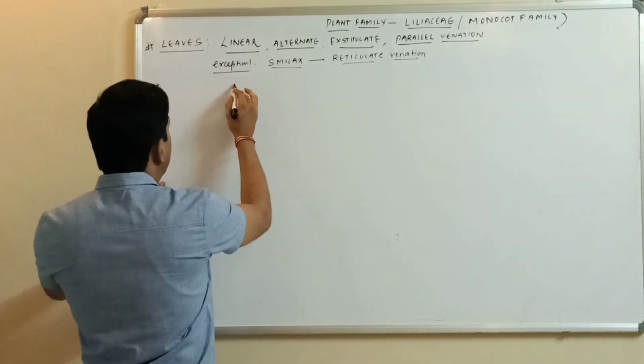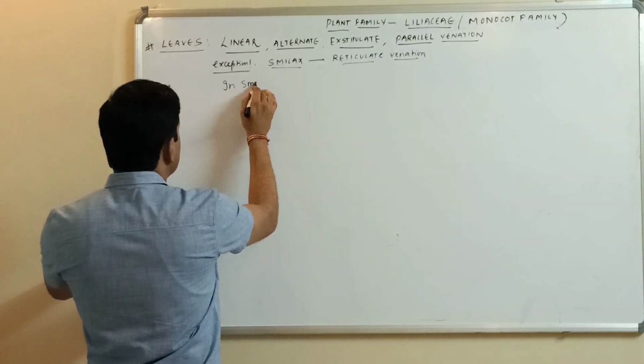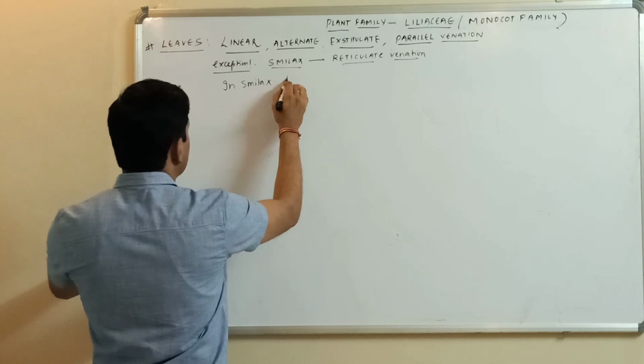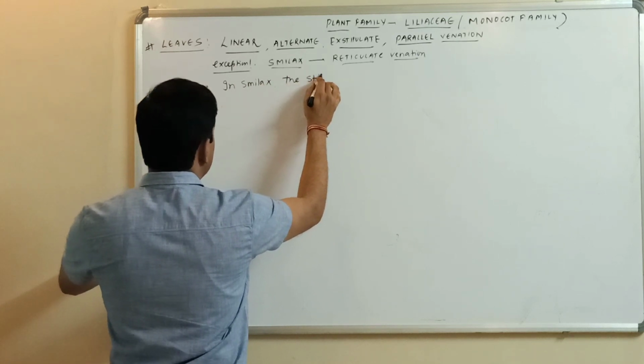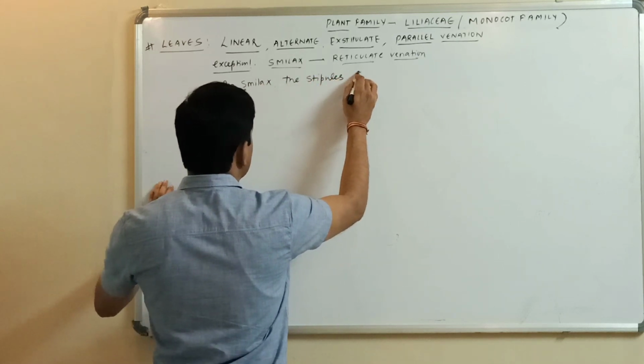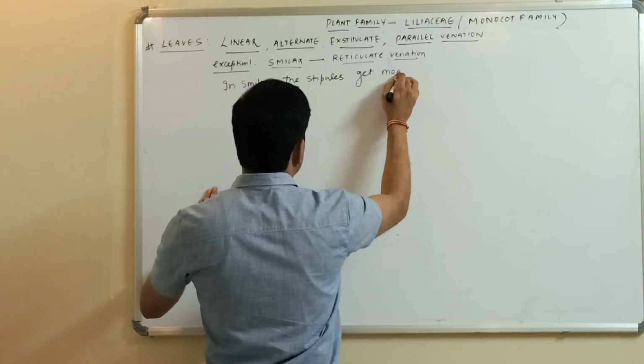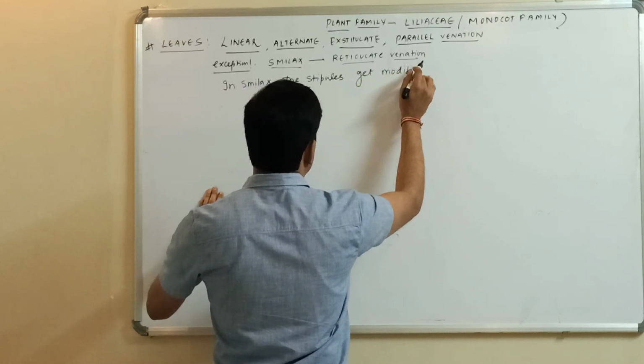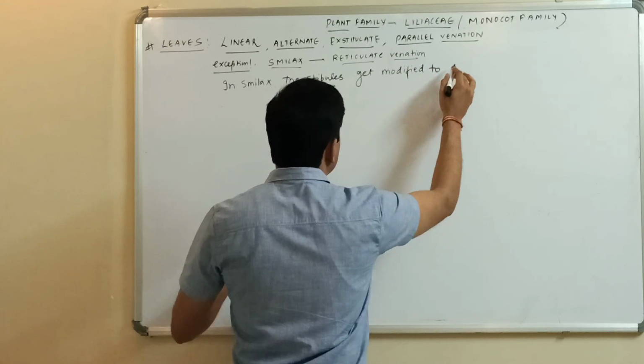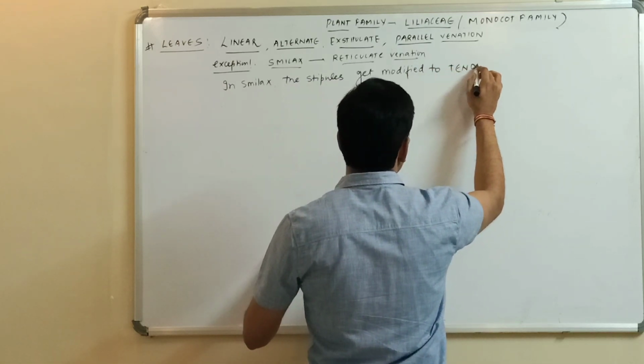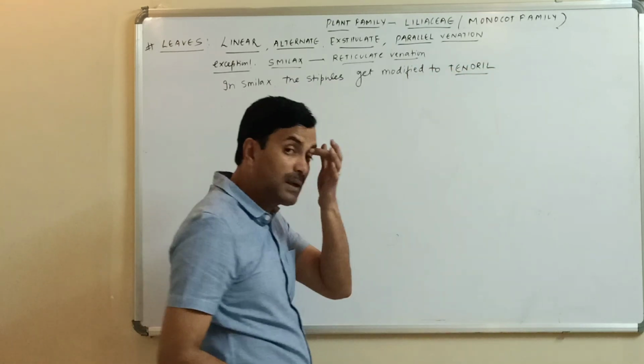One more thing, that in smilax, the stipules get modified to tendrils. You know, tendrils are spiral wiry structures which are meant for climbing.